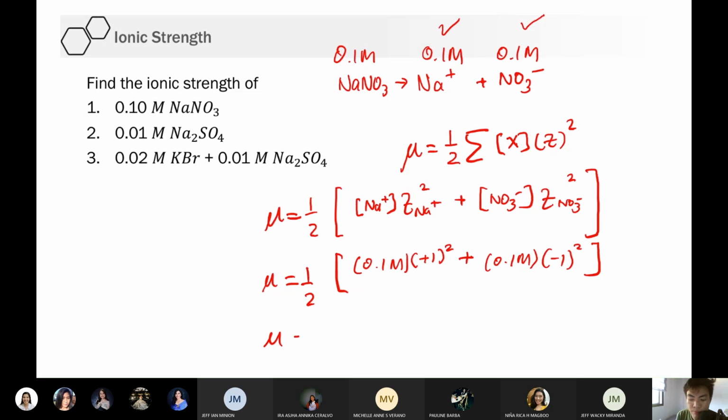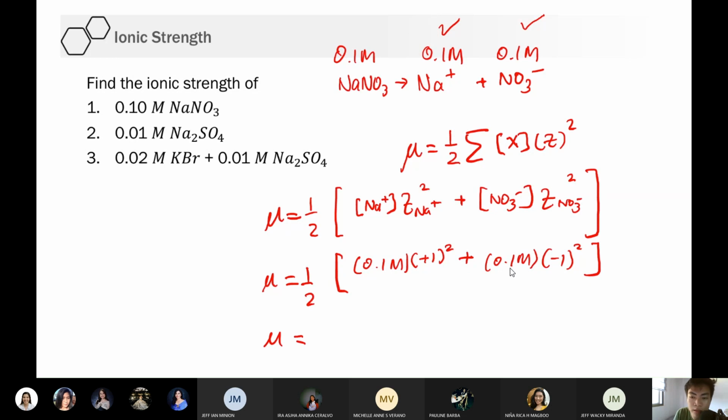So what is our mu, or the ionic strength, now? The ionic strength can be calculated like this. You can do this mentally. What is 1 squared? That's 1, so 1 times 0.1 is 0.1. What is negative 1 squared? That's also 1, times 0.1, so that is also 0.1.